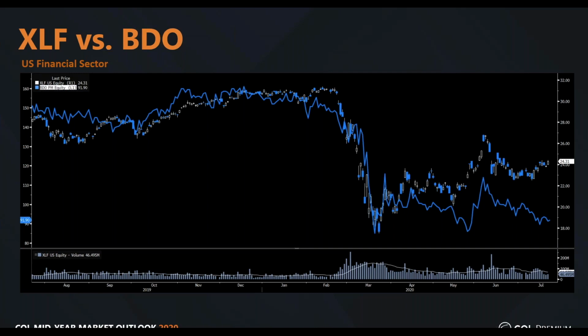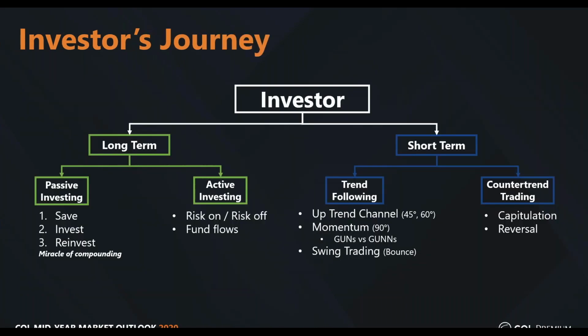While in the case of XLF, it can be just a W, or it can just go sideways. So we are trying to see, in all these indices that I showed you, including the ETF, that individually the traditional businesses are lagging compared to all the technology issues.